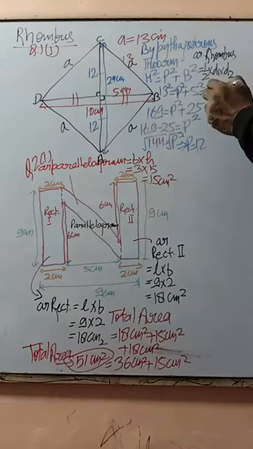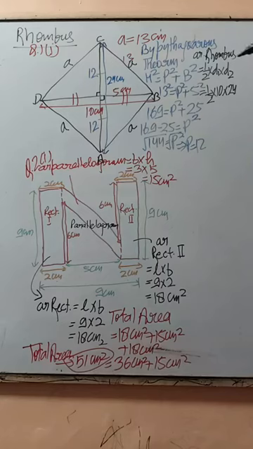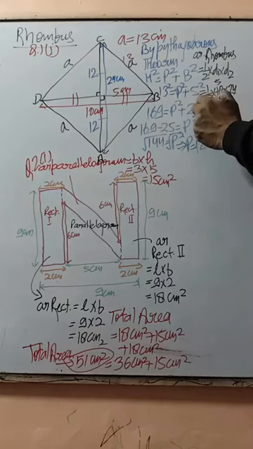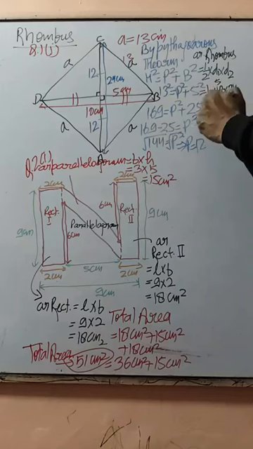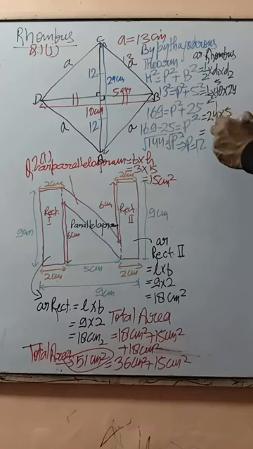So 5 times 2, 2 times 5 becomes 10. So it is 24 into 5. 5 times 4 becomes 20, 0, 2. 2 times 5 becomes 10 and 2, 12.